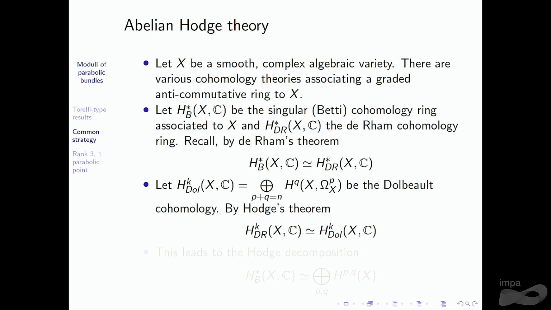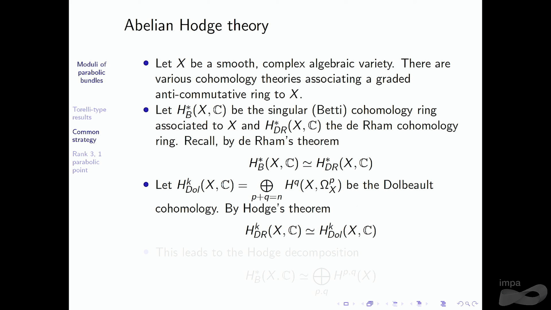Okay? And then you can also think of the Dolbeault cohomology, which is that you just basically look at the direct sum of these, so basically sheaf cohomology, yes? So we are looking at the sheaf of differentials. And then Hodge's theorem tells you that you can go from de Rham cohomology to Dolbeault cohomology.